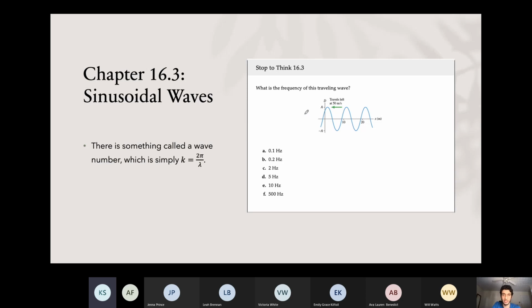So let's look at this. What is the frequency of this traveling wave? The speed is 50 meters per second. How can we find the frequency?